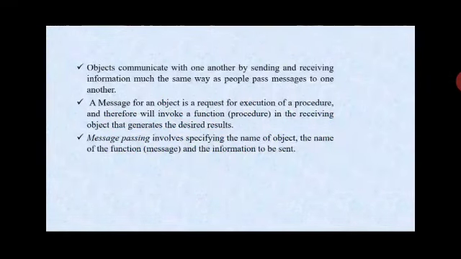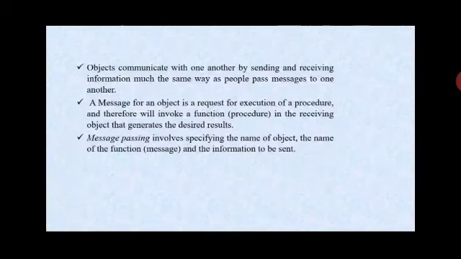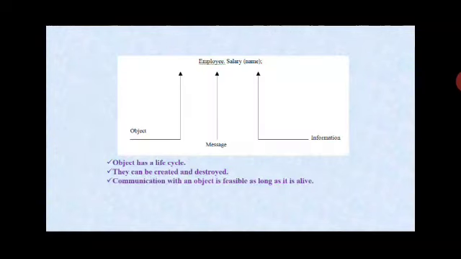Objects can communicate with one another, sending and receiving information, passing messages to one another. Basically, a message for an object is a request for execution of a procedure. It involves specifying the name of the object, the name of the function and the information to be sent.